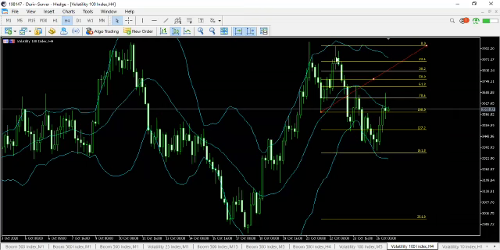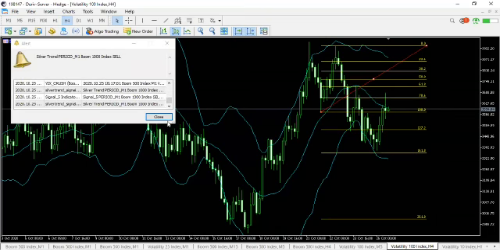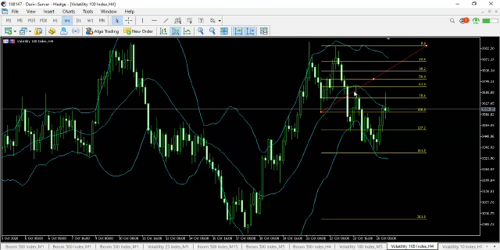So ideally, your entry is at the 100% Fibonacci, after it must have broken and retested that neckline. You see? So this was actually the ideal entry here.